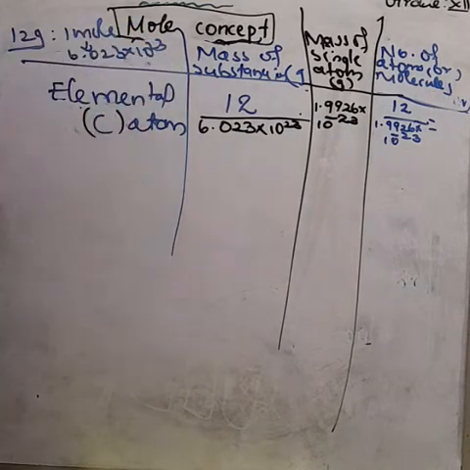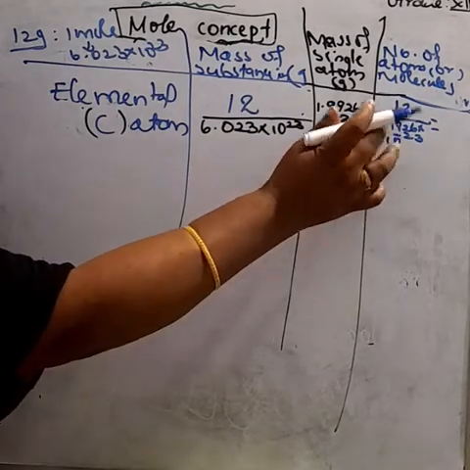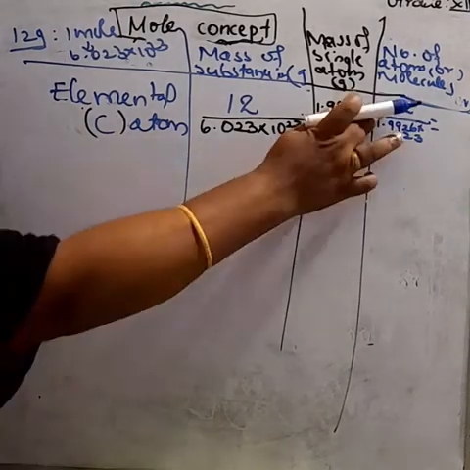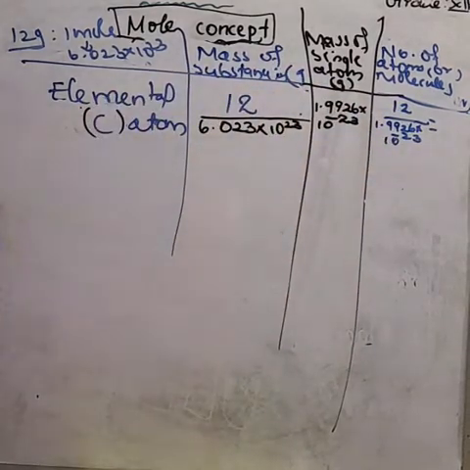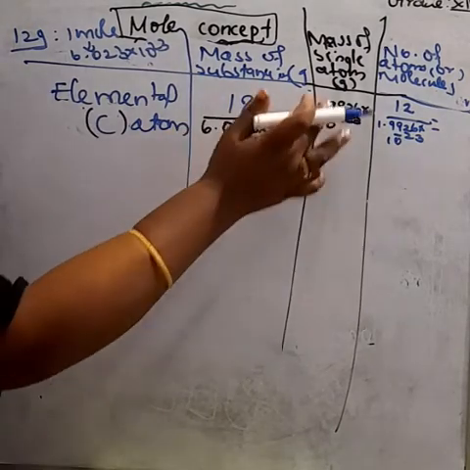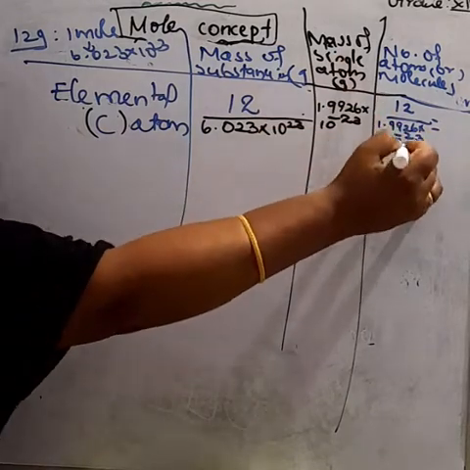So we calculated the mass of the single atom present in the 12 gram carbon, that is 1.9926 into 10 power minus 23. When we divide the total gram by the single atom mass, we get 6.022 into 10 power 23.